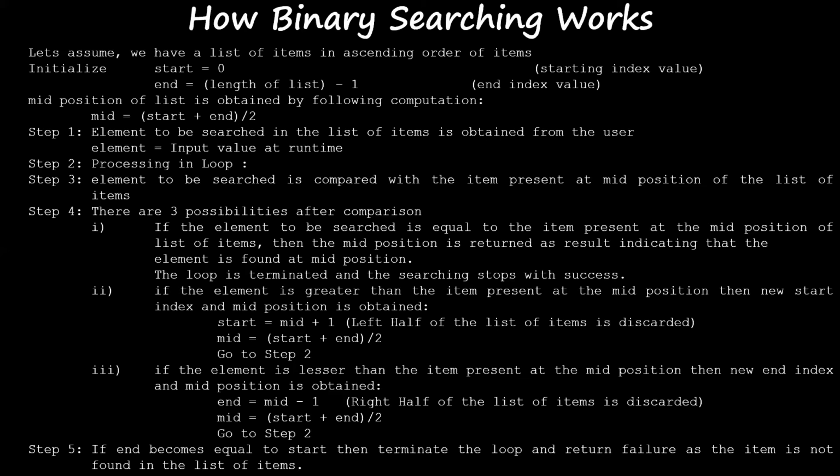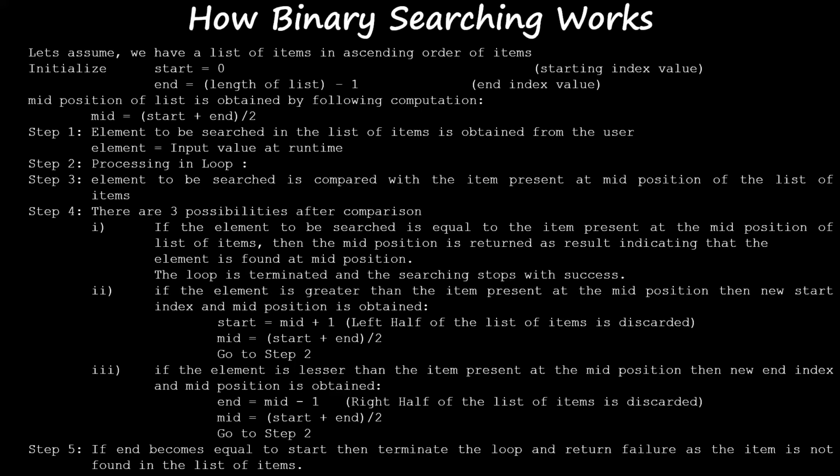The third possibility is if the element is lesser than the item present at the mid position, then a new end index and mid position are obtained. Now end is calculated as mid minus 1, and this discards the right half of the list of items.